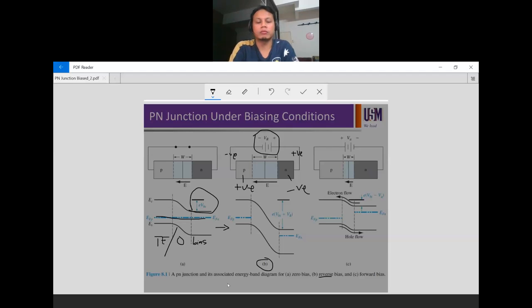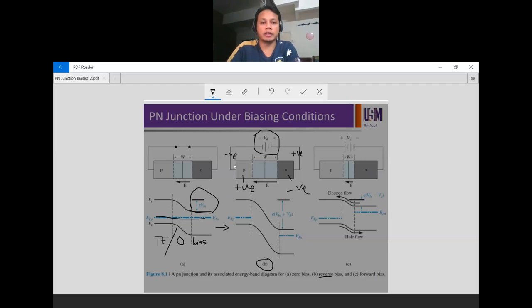So why do we get a higher barrier height? If you look at the connection, you can look into some YouTube video, perhaps I can give you the link later on in eLearn.